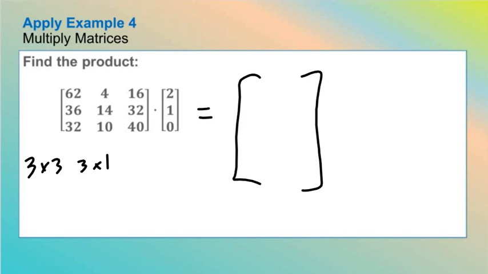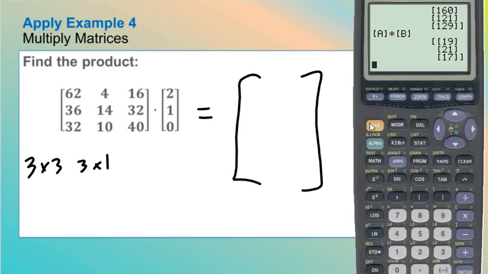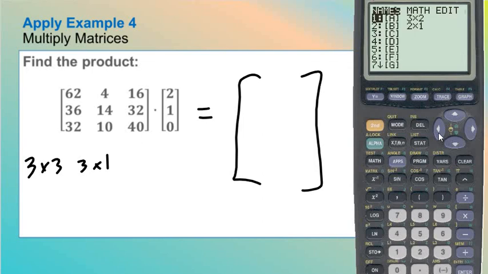Grab our calculators, type these in here. Second matrix, edit. This one's a 3 by 3. So we got 62, 4, 16, 36, 14, 32, 32, 10, and 40. Second matrix, edit, go down to the second one.